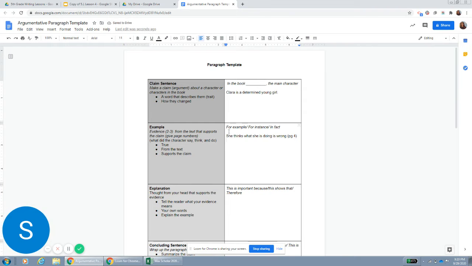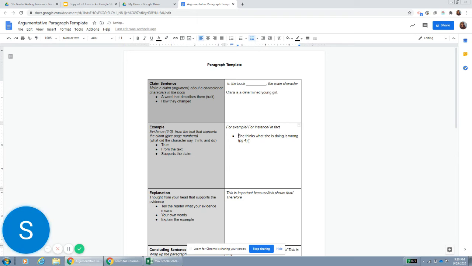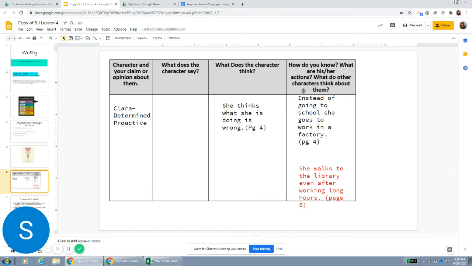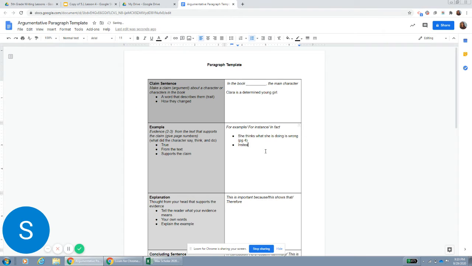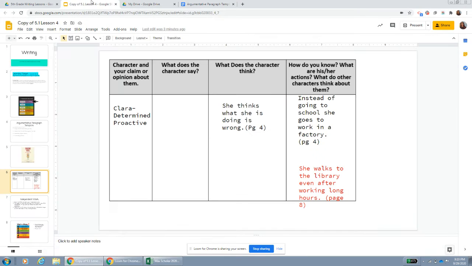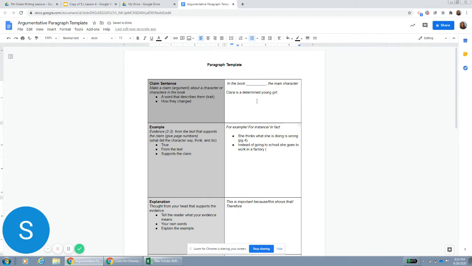The next piece of evidence, now I can go like this and add a bullet just to show. The next piece of evidence I said is instead of going to school, she goes to work in a factory. And that was on page 4 as well.